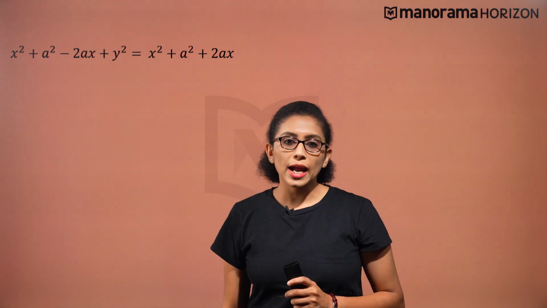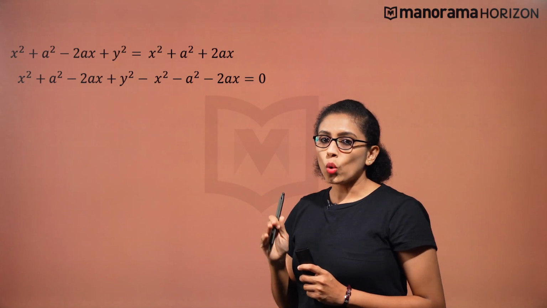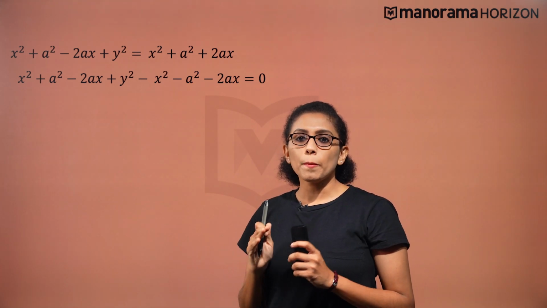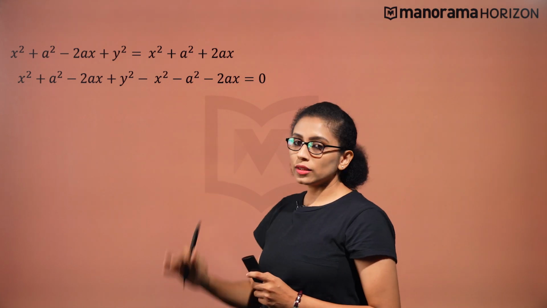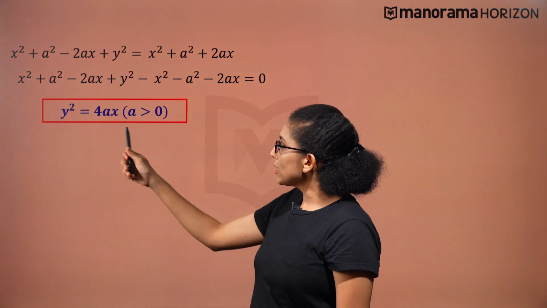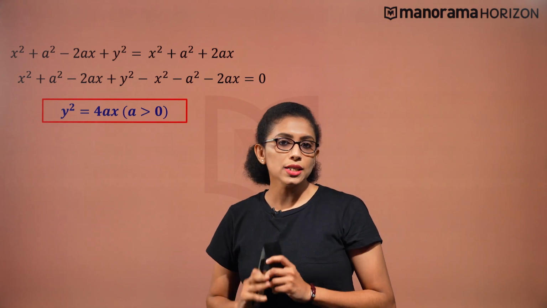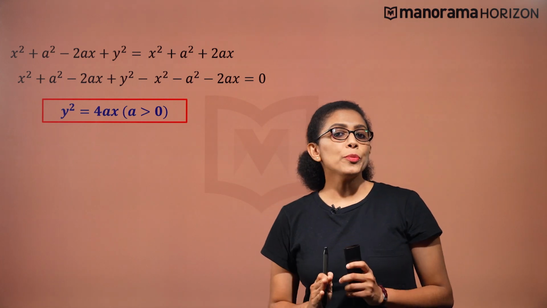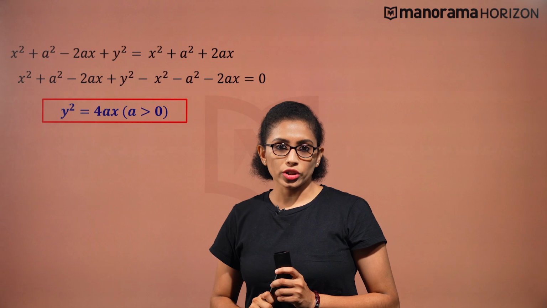Taking to the other side, we get x square plus a square minus 2ax plus y square minus x square minus a square minus 2ax is equal to 0. Cancelling the terms, we get y square is equal to 4ax, where a is greater than 0. Hence, any point on the parabola satisfies this equation.